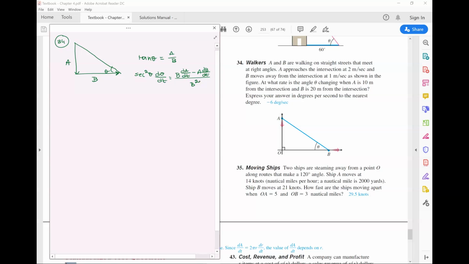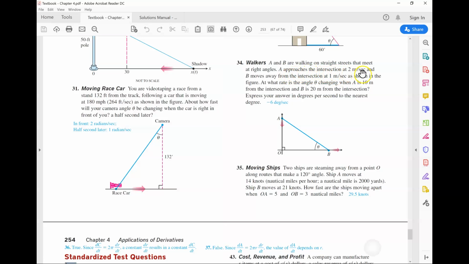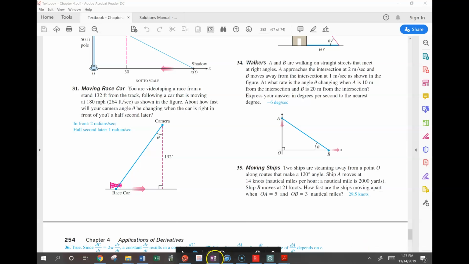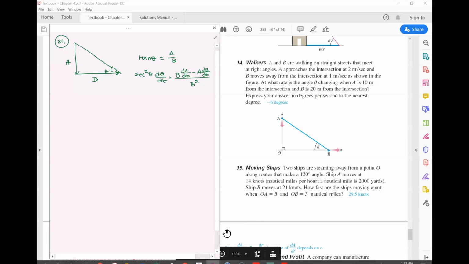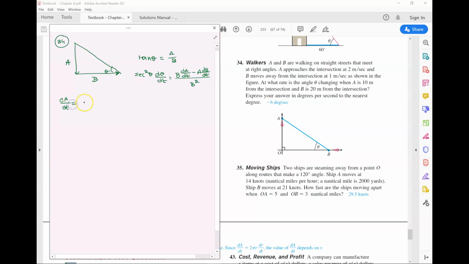And now we have to put in all of the information that we have. So take a look here. A approaches the intersection at 2 meters per second. That means dA dt is what? Is it positive or negative 2? So it's negative 2 because it's decreasing, meters per second.